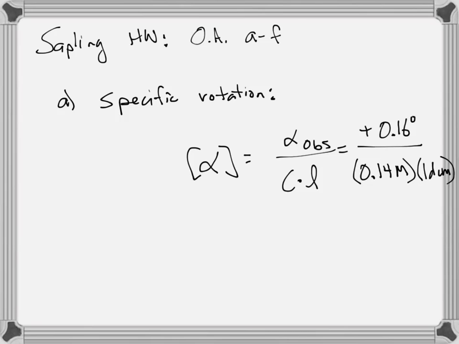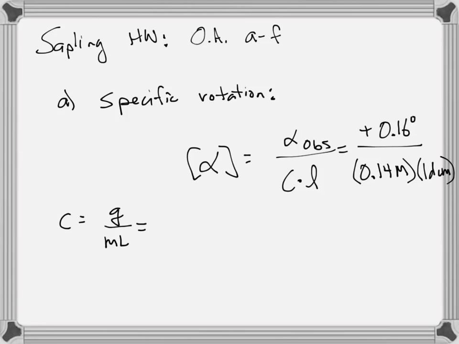When we go through and solve for specific rotation, we must use the appropriate units. The units that we have to use for concentration end up being grams per milliliter. What are the units on our concentration currently? 0.14 moles per liter.